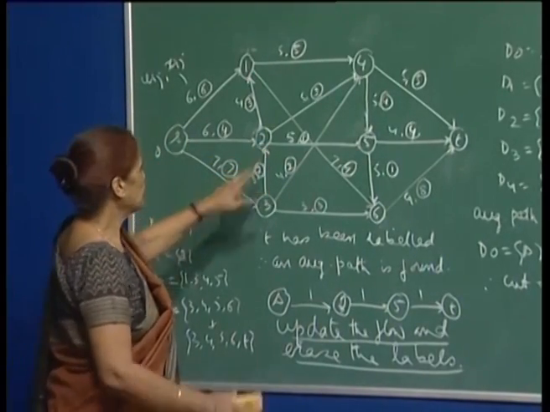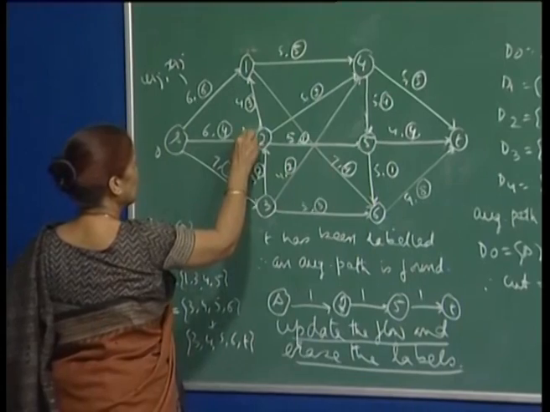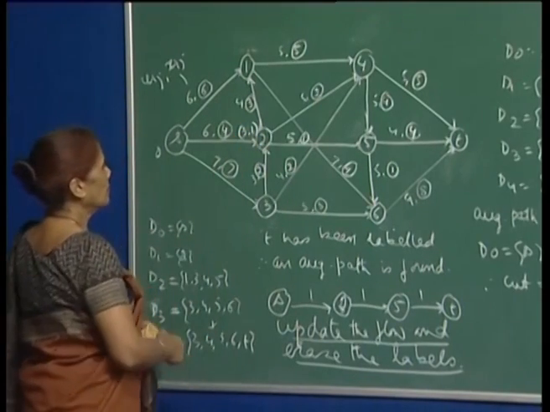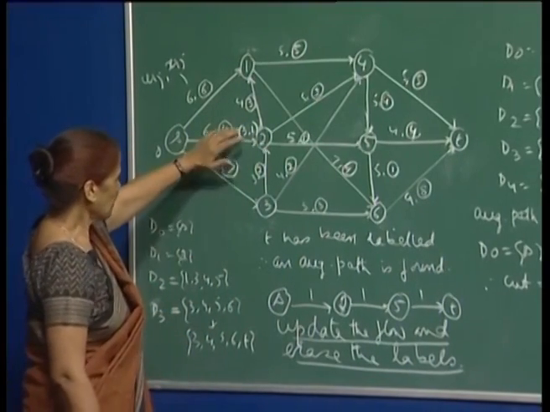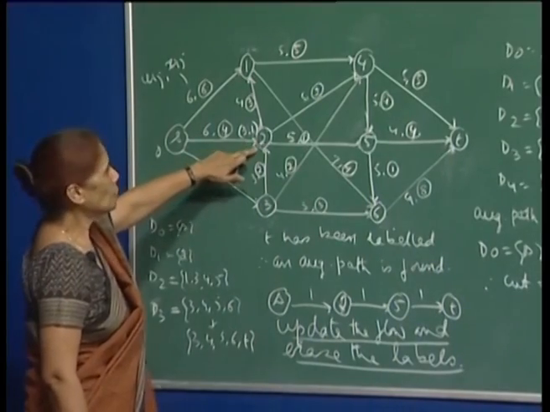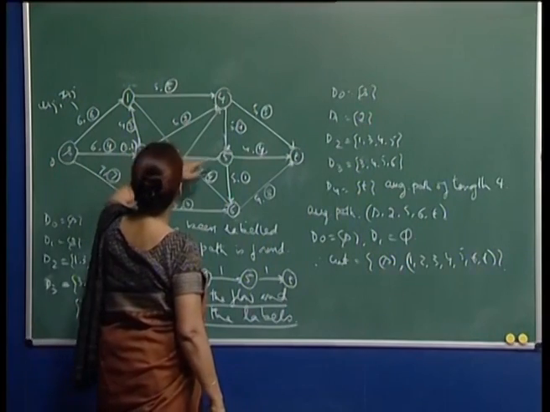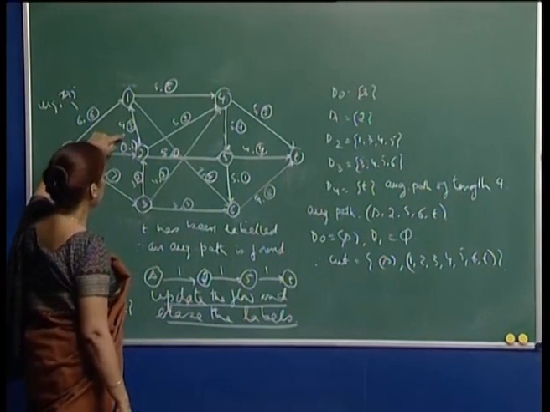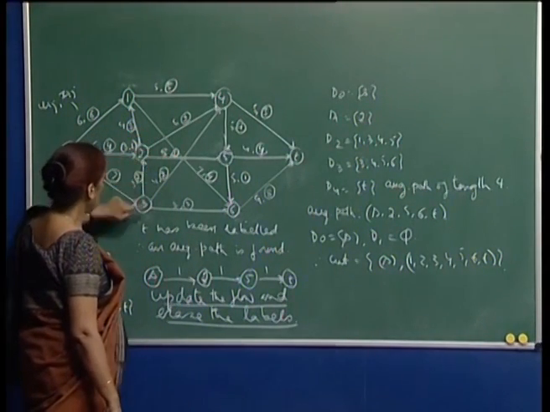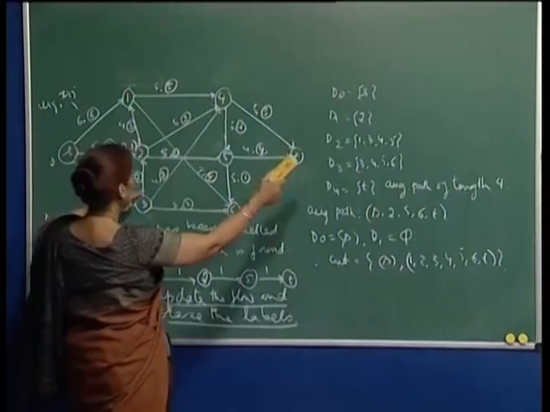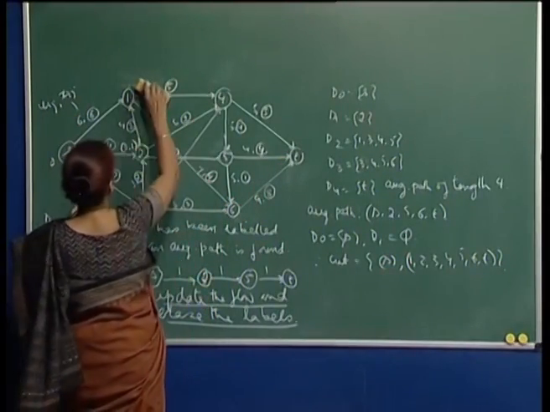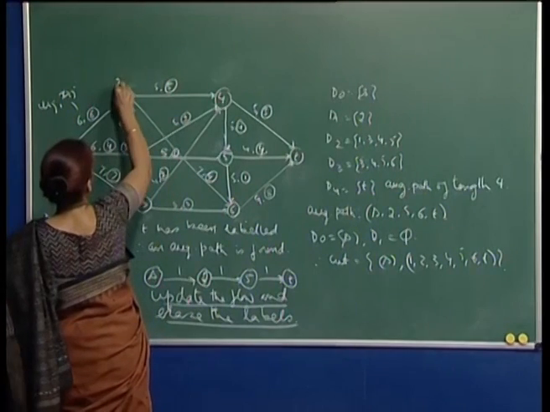So, now we start labeling the nodes again, and you start with this as 0, then here again you can only label this. So, this will be S and 1, level 1, right. Then from 2 you can again label 1, 3, 4 and 5, because here again you have leftover capacity here, here and here. Okay. So, I label these, and of course, the labels would be here 2, 2, you see.